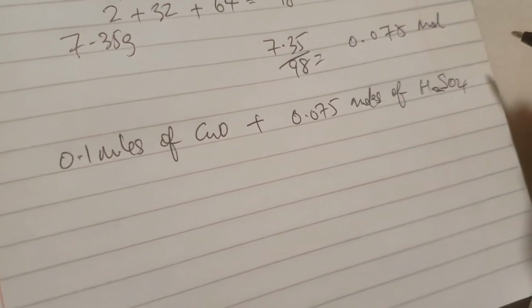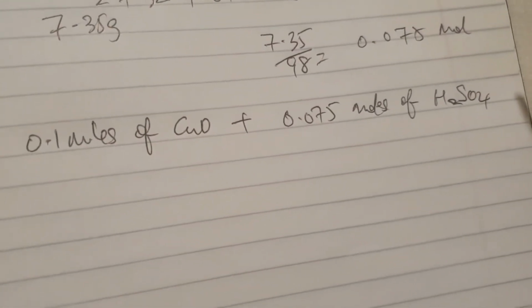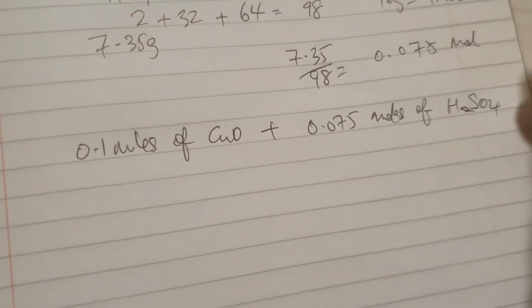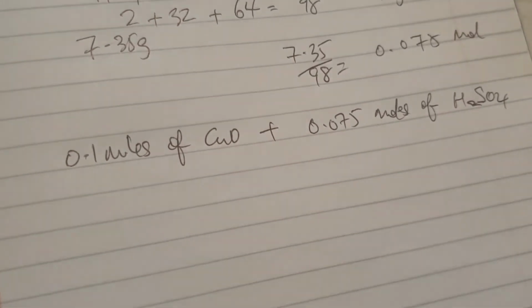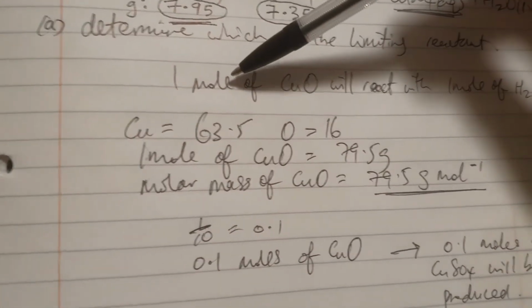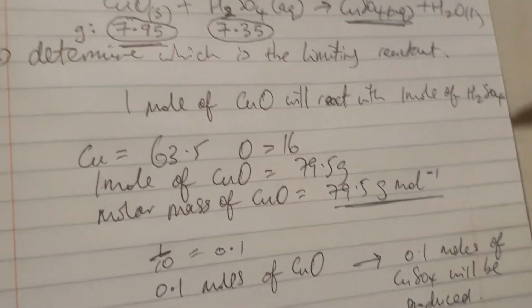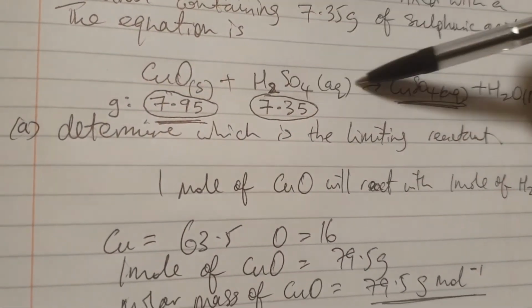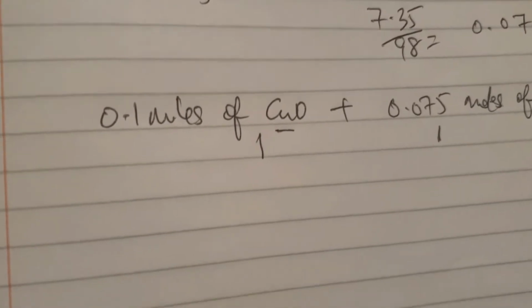And the question is asking what is the limiting reactant? Now the limiting reactant means that everything will be used up. So if 1 mole reacts with 1 mole, based on this equation, 1 mole of that will react with 1 mole of this, but can you see that we have less of this?